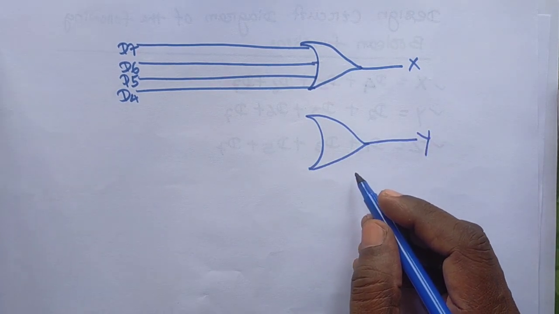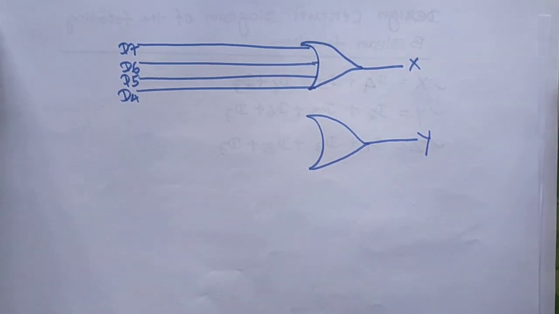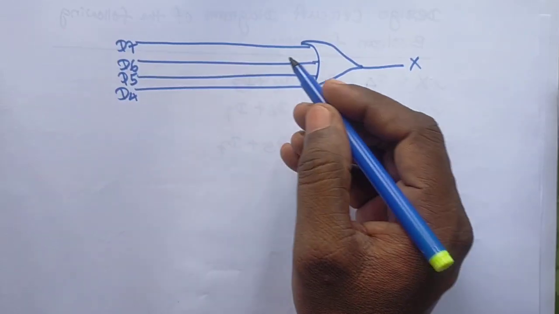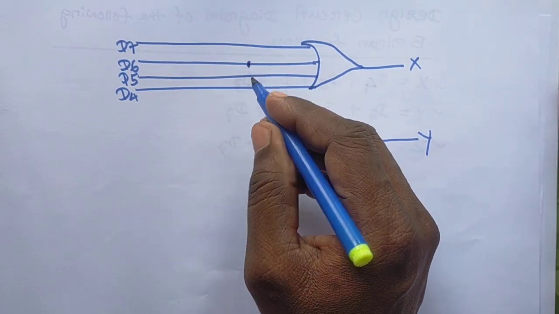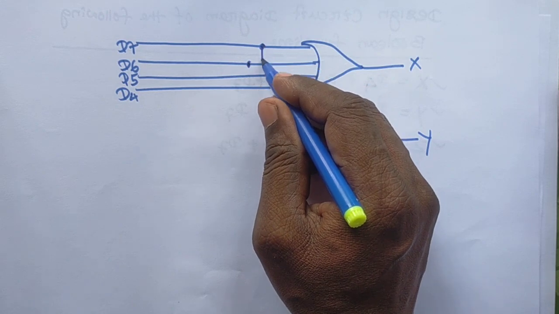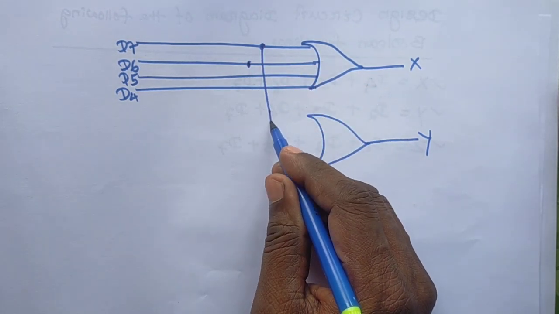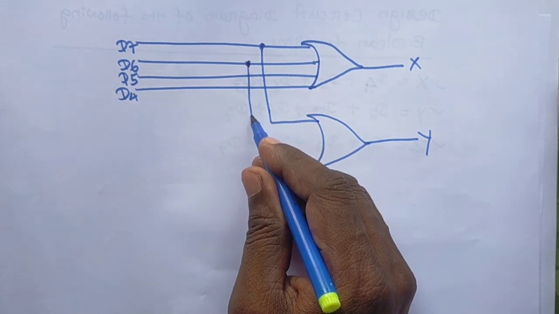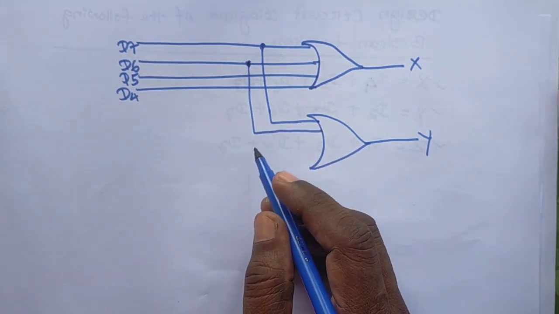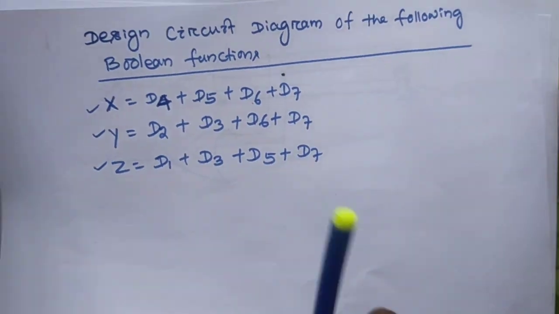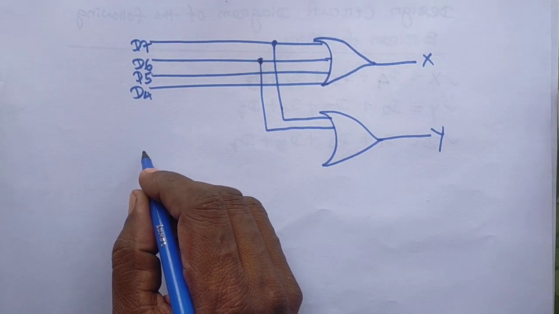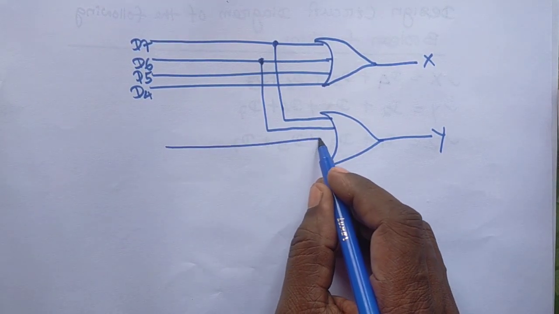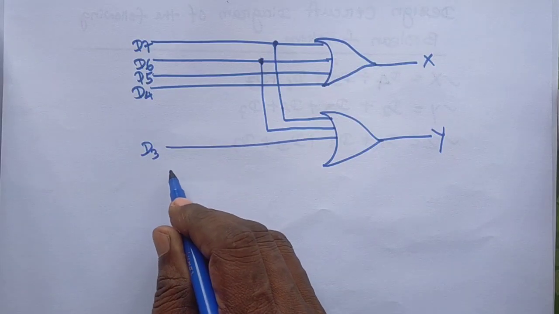D6 and D7 are already collected from before, and D3 and D2 we create.